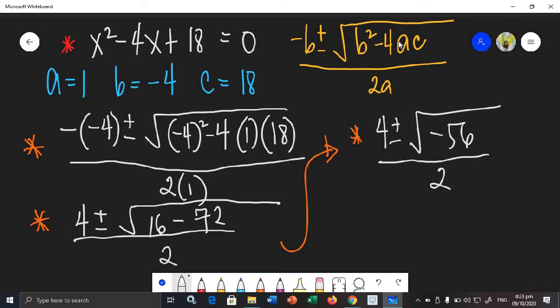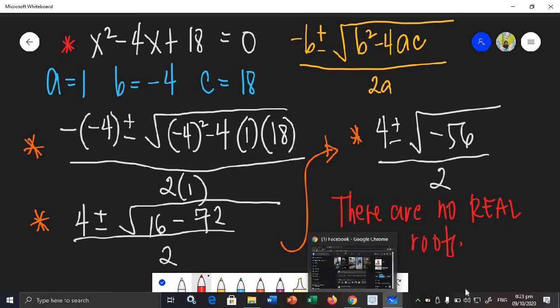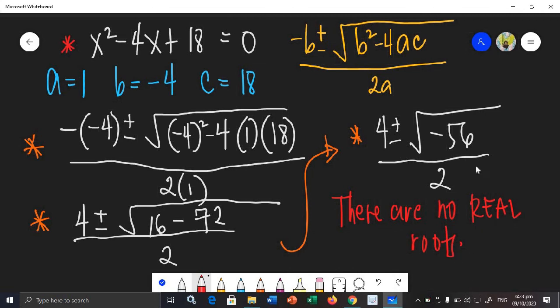Kapag nakakita kayo agad ng square root of a negative number, therefore, stop solving it and write that there are no real roots. Diba? Ganito sinabi ko sa inyo last time nung kumukuha tayo ng quadratic roots. If the solution will become like this, na kukuha kayo ng square root ng negative number, that is impossible, no?